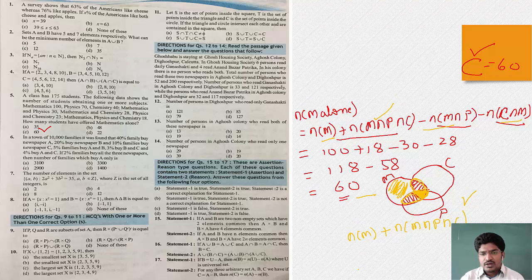After getting this data, you can subtract the physics and chemistry students from it, so that you get the students who are studying mathematics alone. Clear, students? So let us continue with the sixth problem.